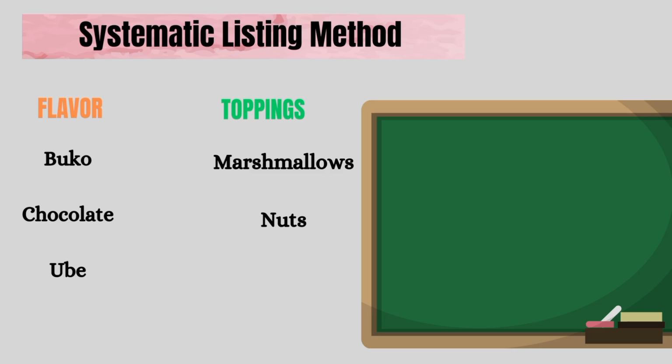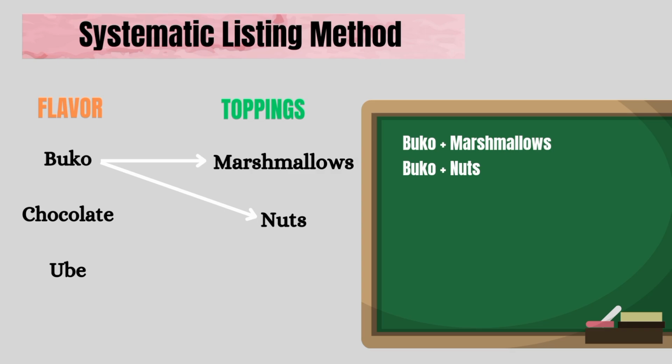For the buko flavor, we could pair it with marshmallow toppings. List it down, buko plus marshmallows. And that will be our first choice or possibility. Next, pair up buko with nuts. Buko plus nuts, that is the second one.